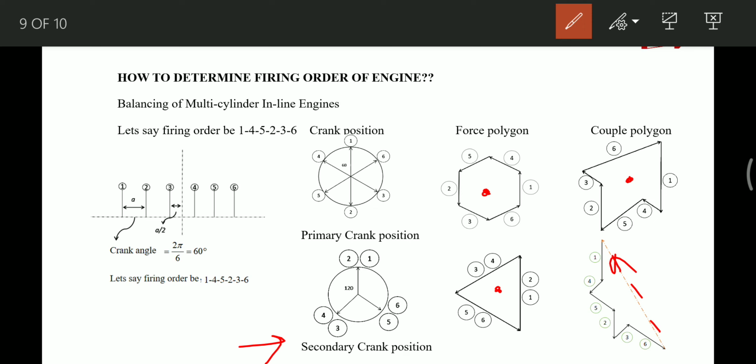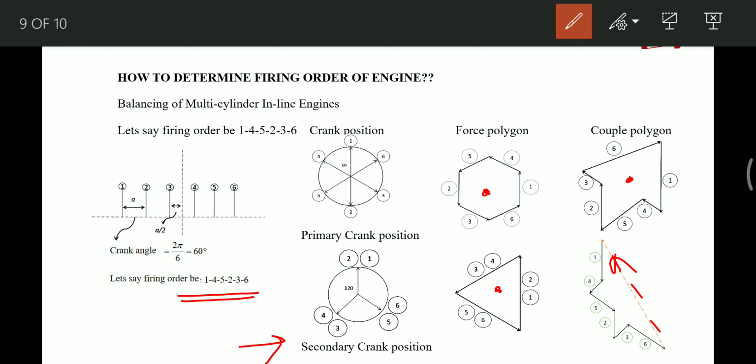So we can see from the discussion that by just changing the order we get a system in which both the primary and secondary forces are balanced, and the couple polygon for the primary crank position is also balanced.